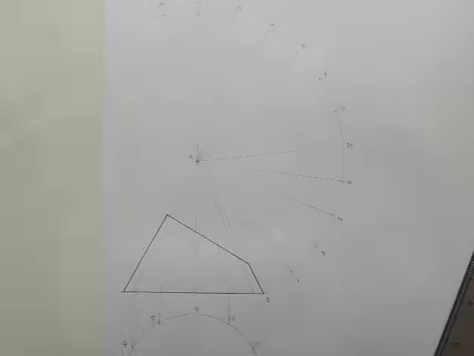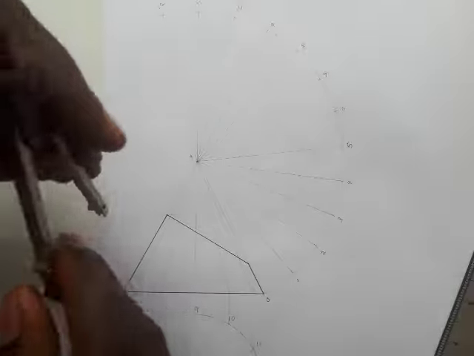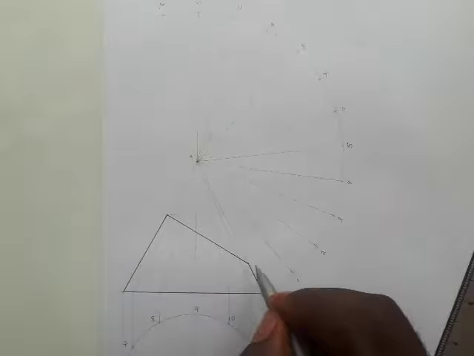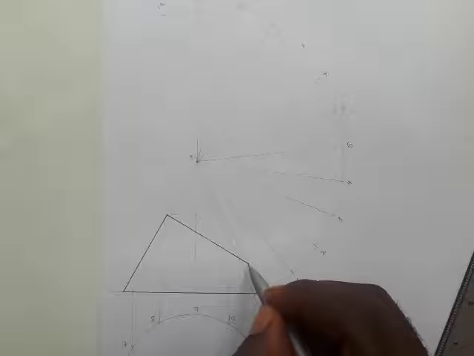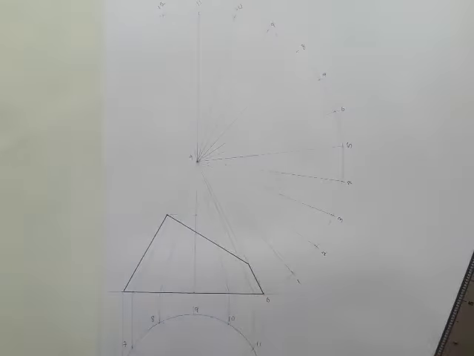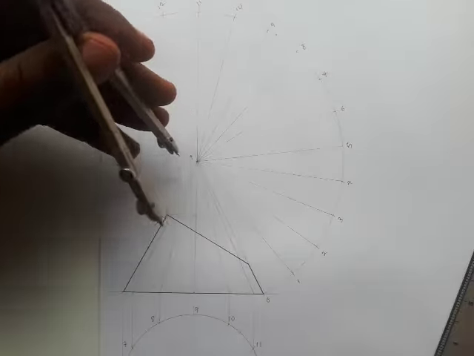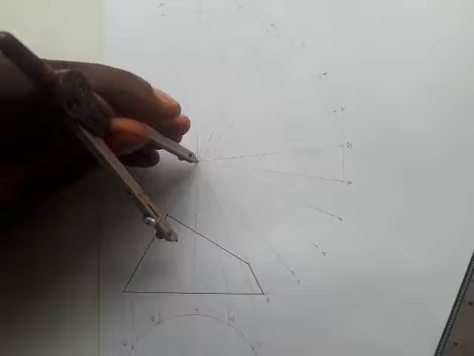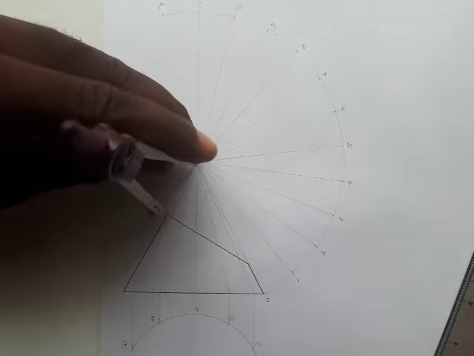now, this is one mistake that most students are most likely to make. Now you are going to have to transfer lines, draw arcs rather, from this point down to this last line here, 12. But the mistake that most students make is they will start transferring the lines from here.